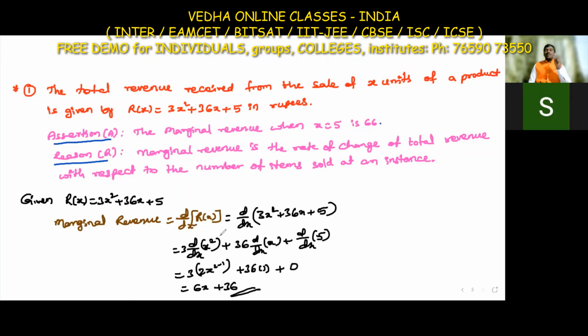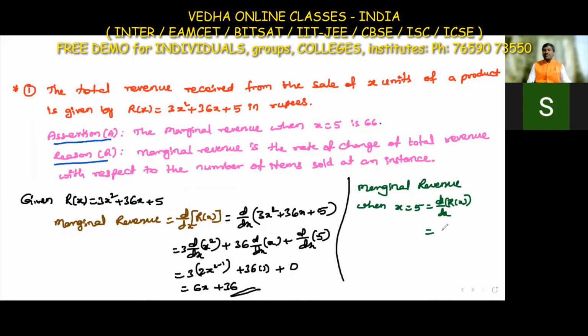This is only the marginal revenue, but he is asking for the marginal revenue when x = 5. That means dR/dx at x = 5.